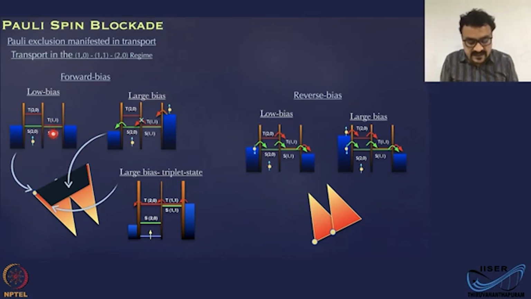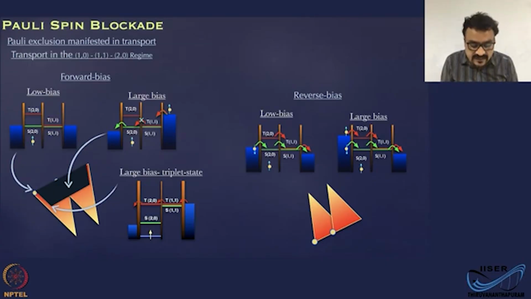Then this is the electrochemical potential of the system, S11 and T11. Okay. Don't mistake this for the energy levels of this right dot or the dot 2. This is the state of the system in the 11 double dot state.